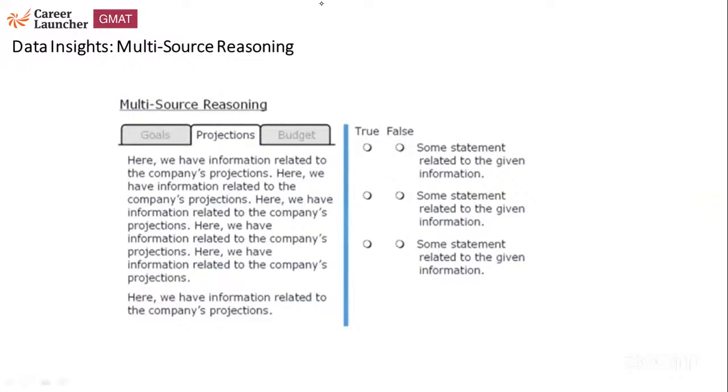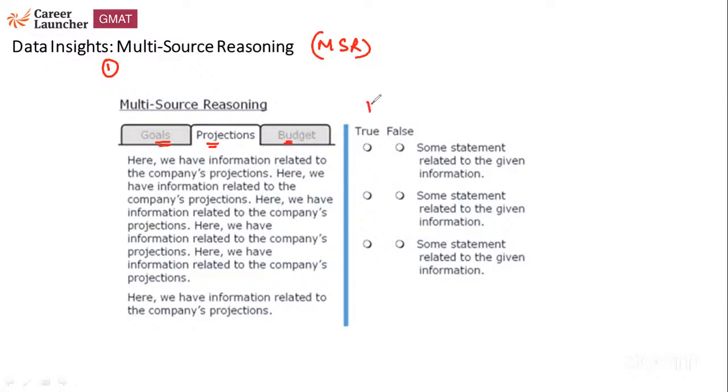Now, starting with the first type, that is multi-source reasoning, which is also known as MSR. Here, the information will be presented in the form of tabs, similar to your Excel. So the moment you click projections, something around projections will come. Goals will give you the data related to goals and budget as well for this particular question.